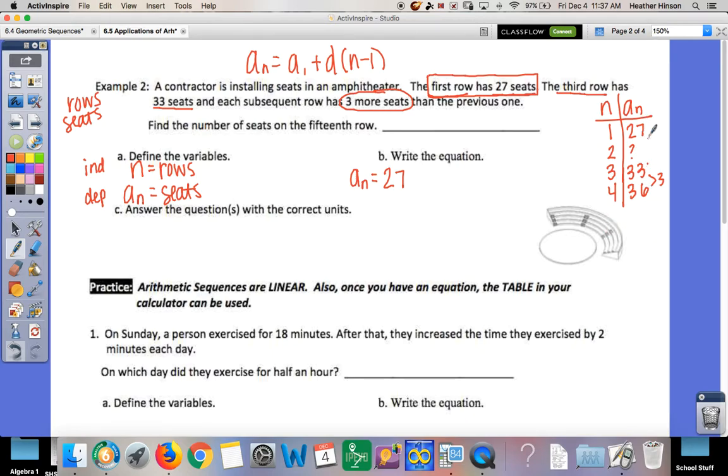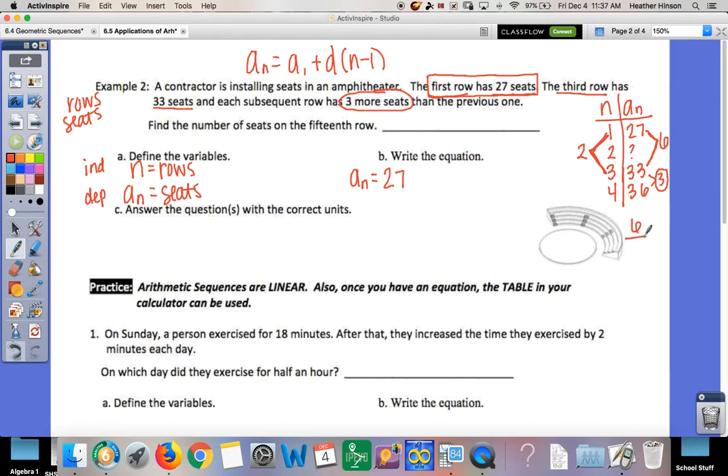So if we subtract up, because it's arithmetic, you can either go off this 3, or you can subtract up. 33 minus 27 is 6. But that's not counting by 1 over here. This is counting by 2.